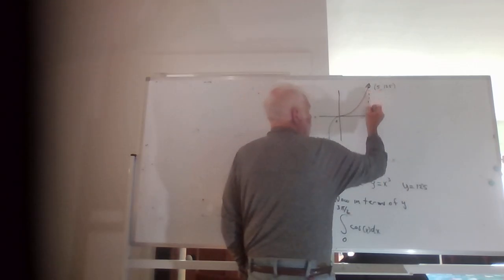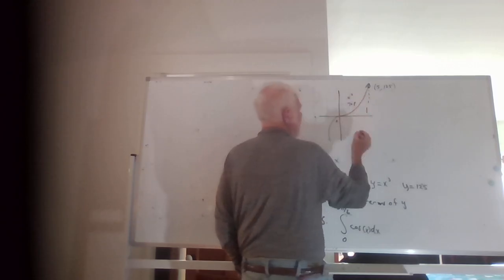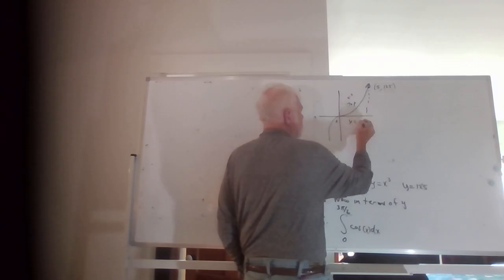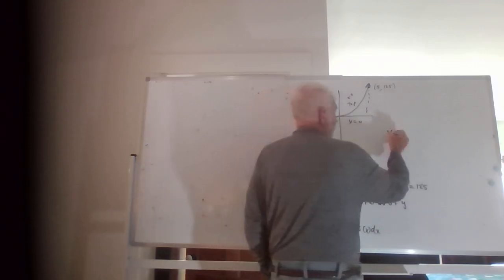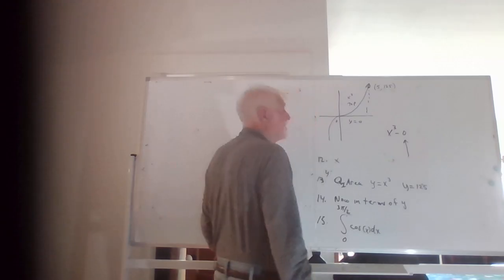So if we're doing it in terms of x, we have the top function, which is x cubed. We have the bottom function, which is y equals 0. So we have x cubed minus 0, and we tend to not write that.